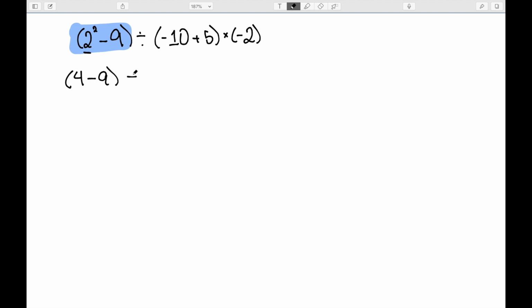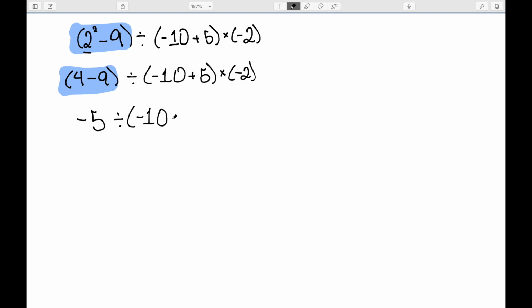So we have 4 minus 9 divided by negative 10 plus 5 times negative 2. Now I can finish out this parentheses. Negative 4 minus 9 is negative 5 divided by negative 10 plus 5 times negative 2.